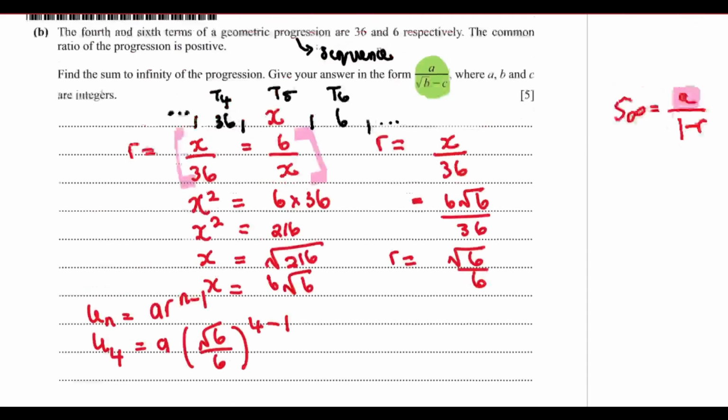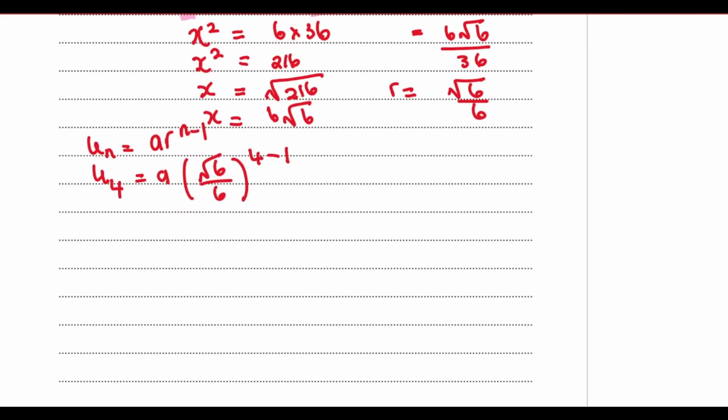What is the fourth term equal to? It's 36, so I can say 36 is equal to a times that to the power of 3.